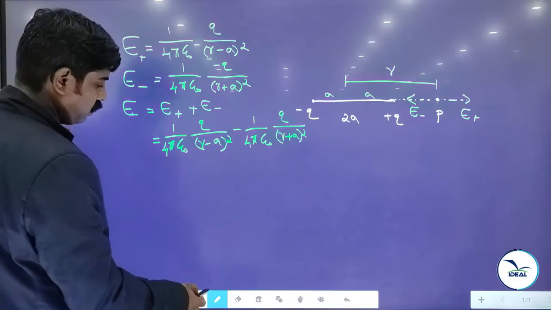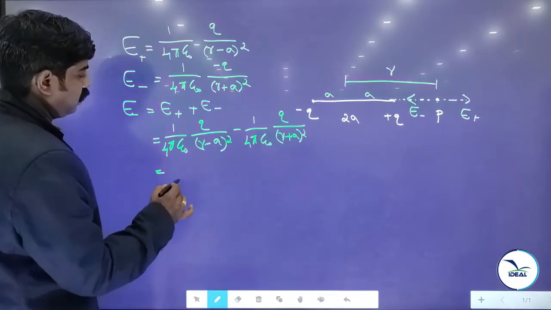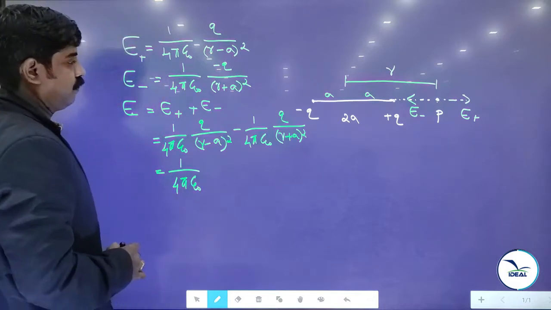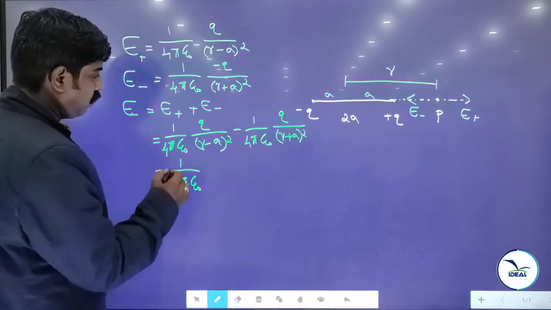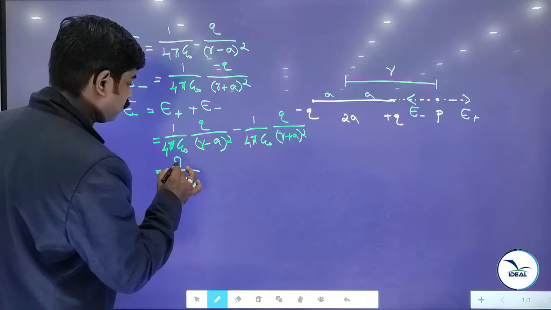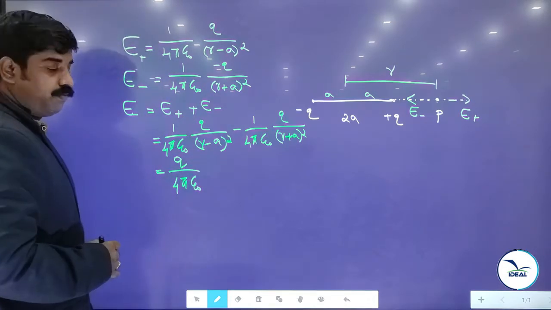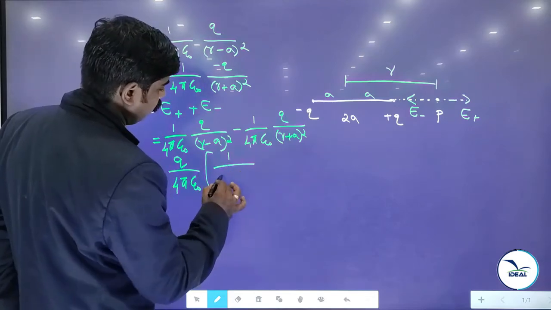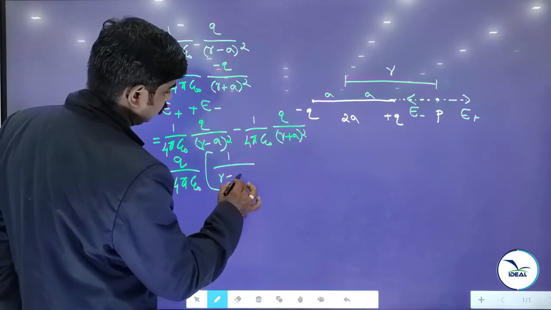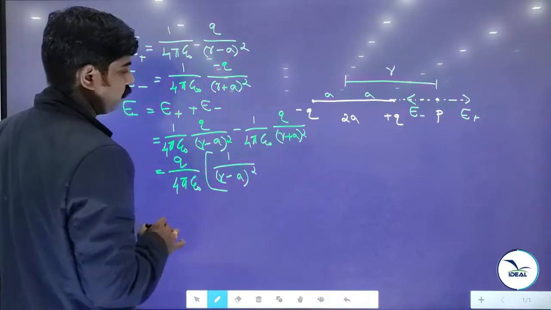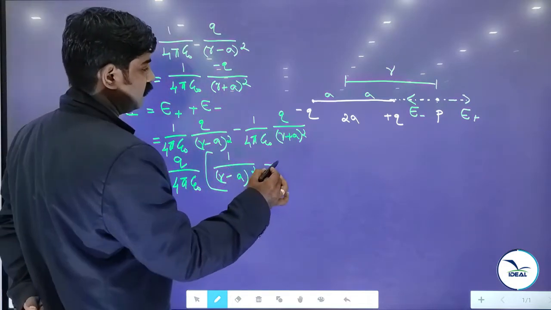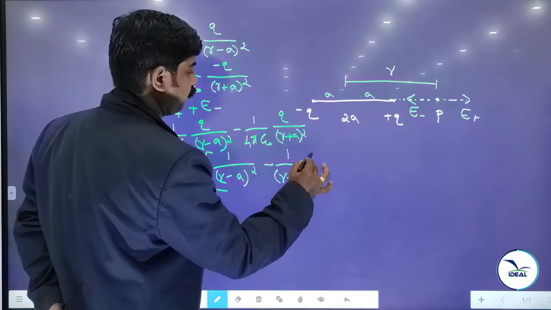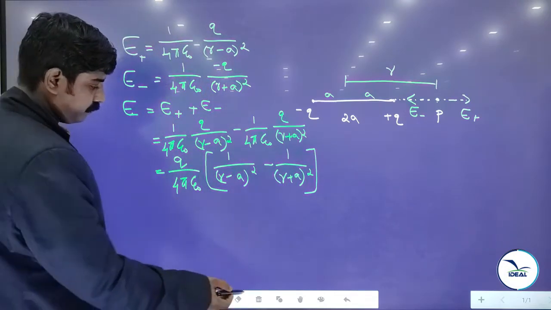Now we can take q by 4 pi epsilon 0 outside. Then here 1 by r minus a the whole square minus 1 by r plus a the whole square. We can solve this.